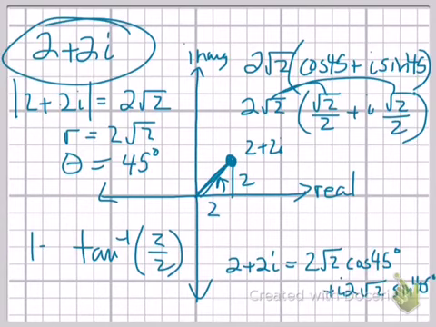What are vectors? Vectors are quantities that have a magnitude and a direction. Okay, here is the magnitude, and here is the direction. The magnitude is the norm of the vector, the absolute value of the vector, in this case the absolute value of the complex number.